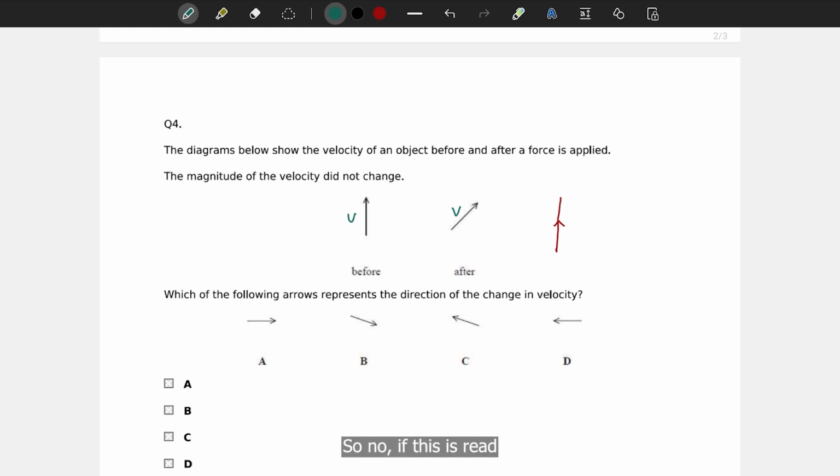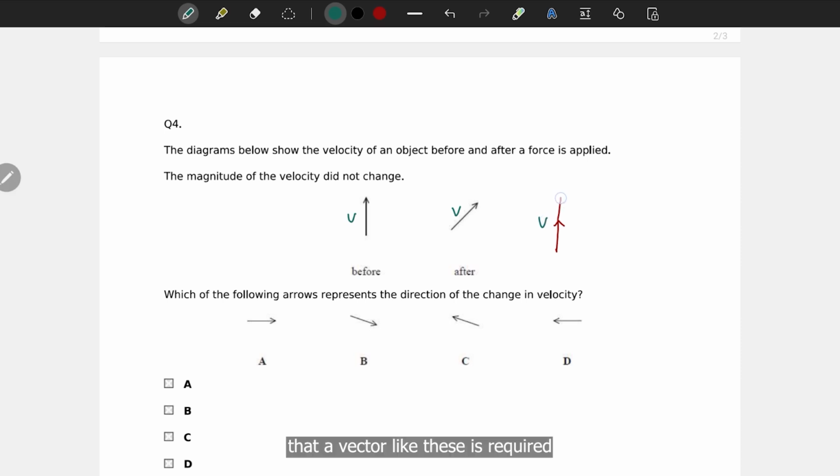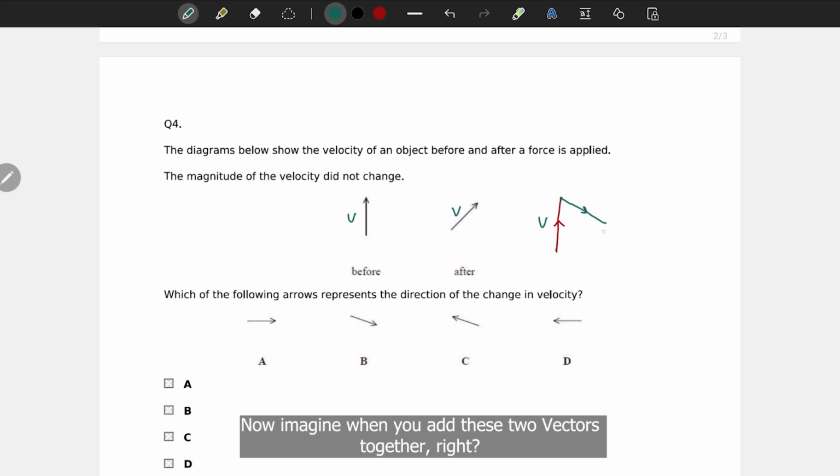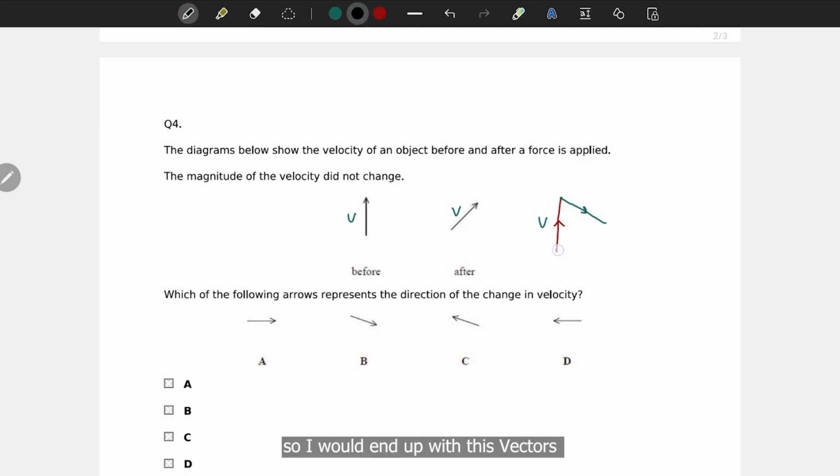So now if this is v, you can use common sense to recognize that a vector like this is required. Now imagine when you add these 2 vectors together, I have connected head to tail of these vectors, so I would end up with this vector, and this is going to be my resultant.